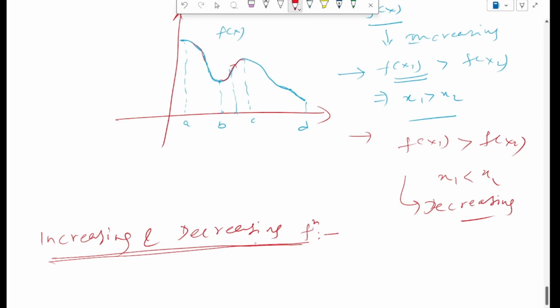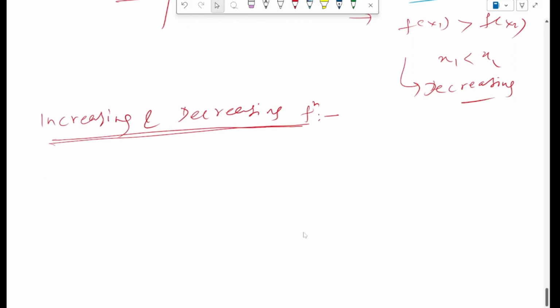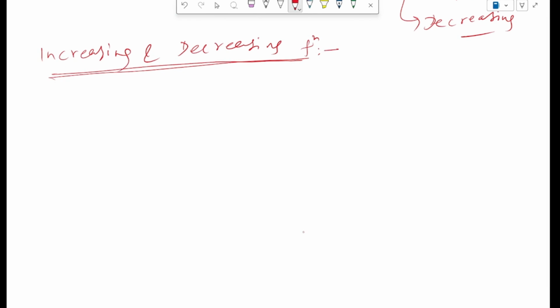If it gives a lesser value with increasing input, then we say that the function is decreasing. There isn't much in this to understand, right? It's fairly easy. Now let me take an example, then we will understand this in a better way.